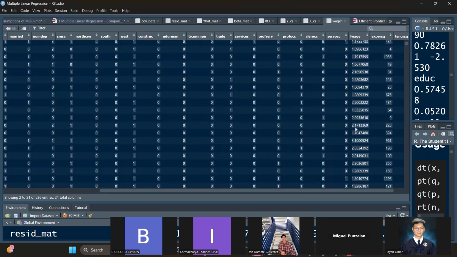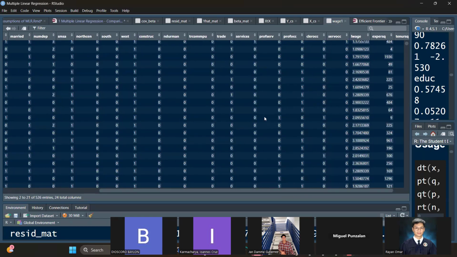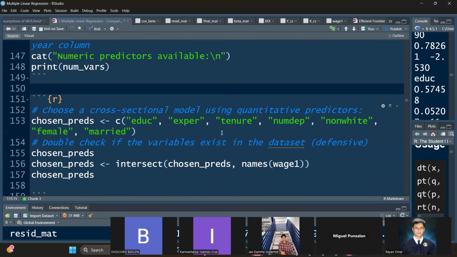You can see that there are factors here. So what we did was to choose these predictors consisting of both numerical and factors: education, experience, tenure, number of dependents. These are your numeric predictors. And you have three factors: non-white, female, and married.